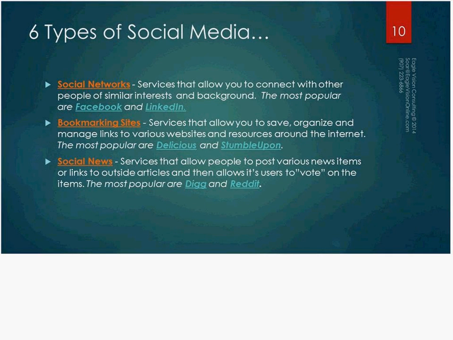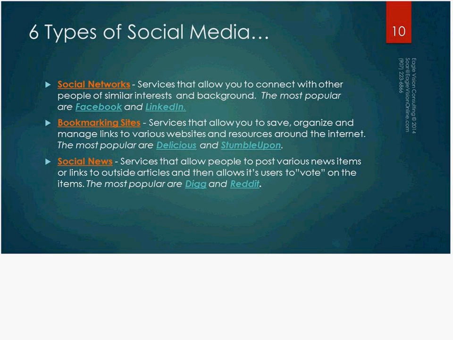Basically, they allow you to save, organize, and manage your links, various websites and resources around the internet. You can pick up on those and put them somewhere and save them. Basically, you're bookmarking those. Pinterest also falls into there too.